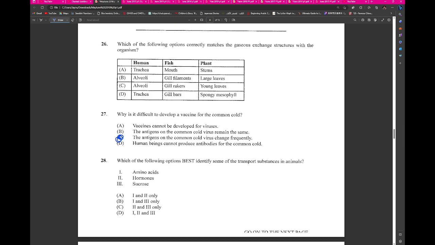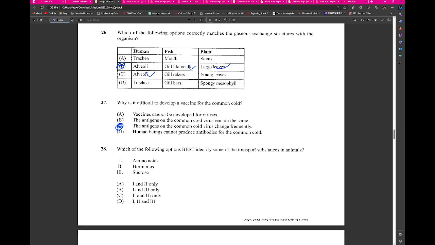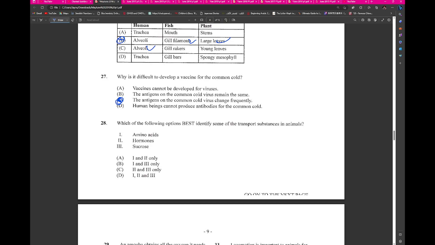Which of the following options correctly matches the gaseous exchange structure of an organism? So we have alveoli, gill filament, large leaves, A. Which of the following options best identifies some of the transport substances in animals? 1 and 2.